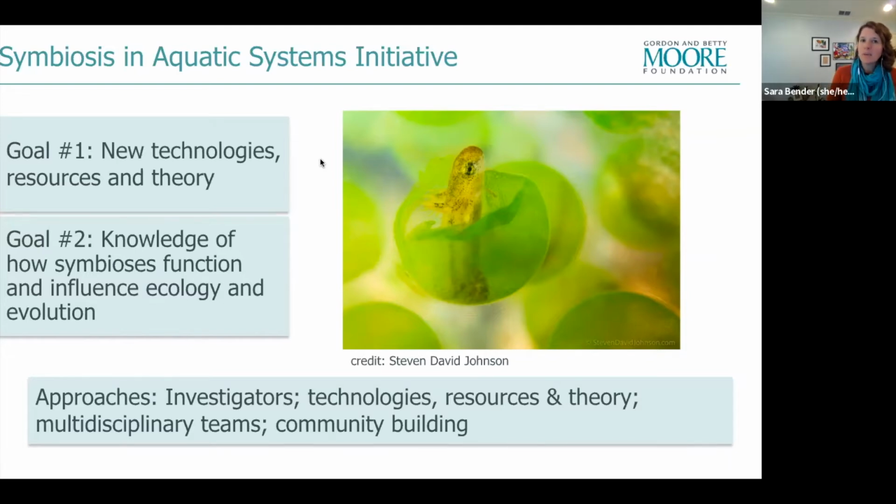Another project that we've supported in the early days of this initiative is the GNPS Database, designed to help scientists identify molecules that mediate biological interactions, including symbiosis. And this work is being led by Bill Gerwick and colleagues at the University of California in San Diego.